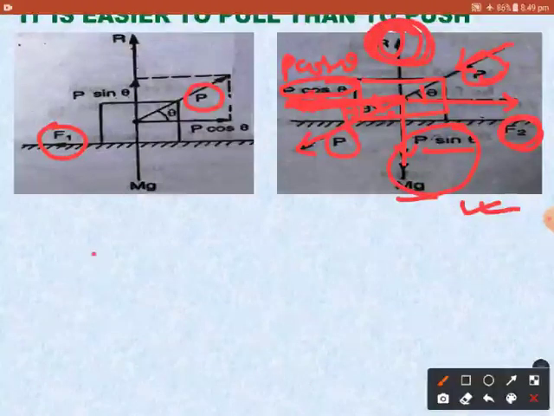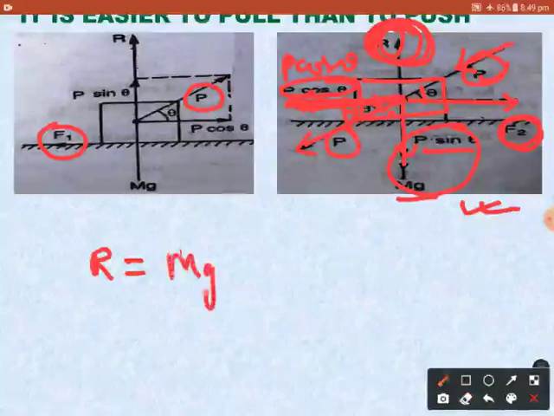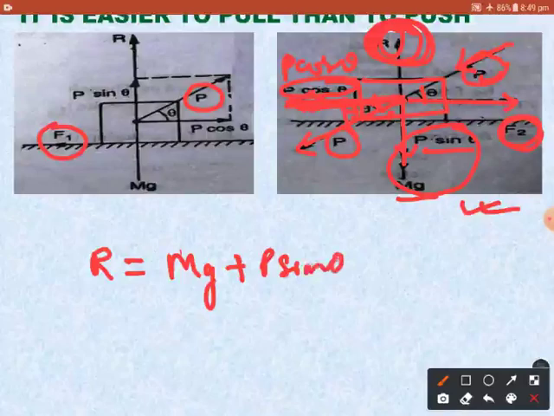So your upward force is the normal reaction, and your downward force is, let me first write, your weight mg plus, because they are acting along the same direction, so it will be added with P sine theta, like this.